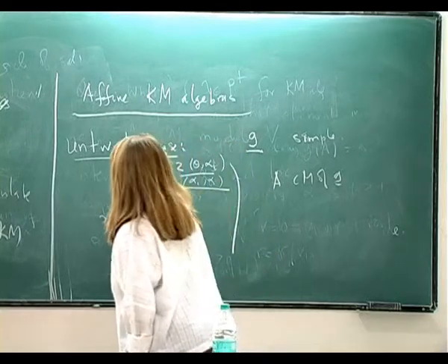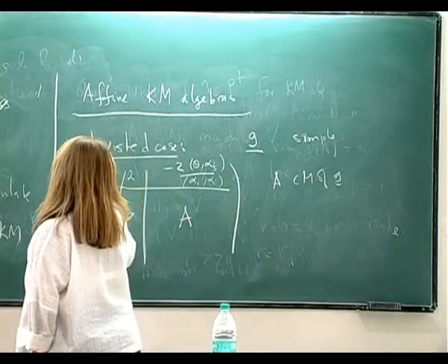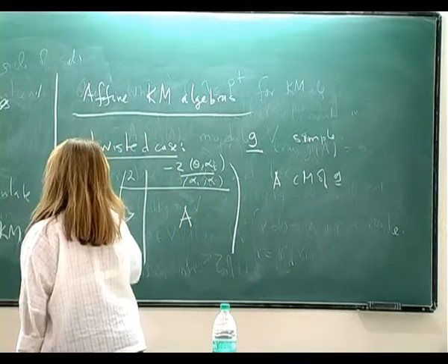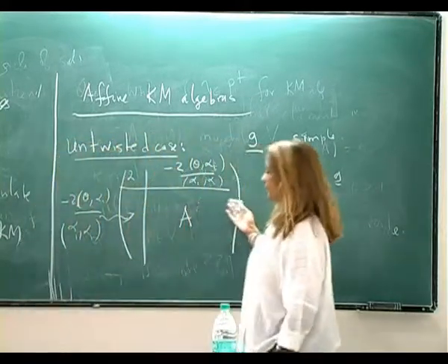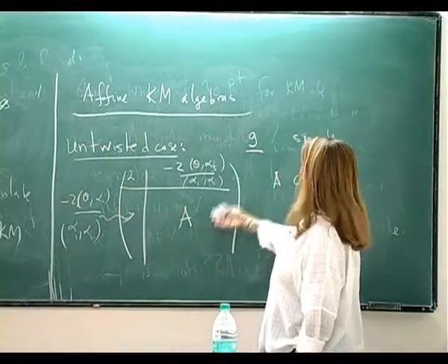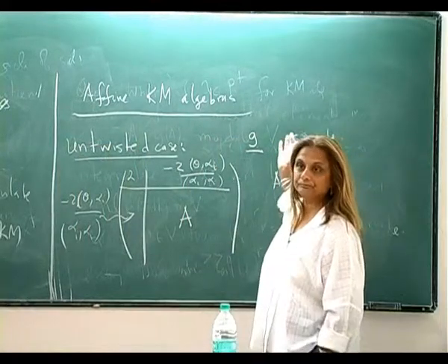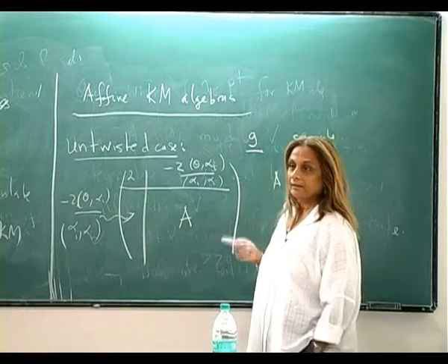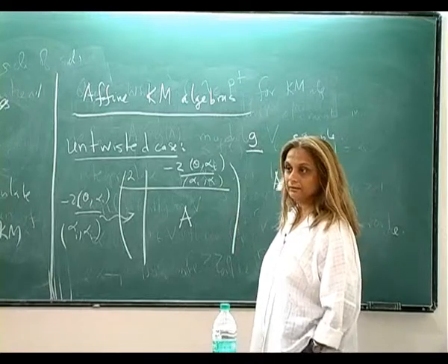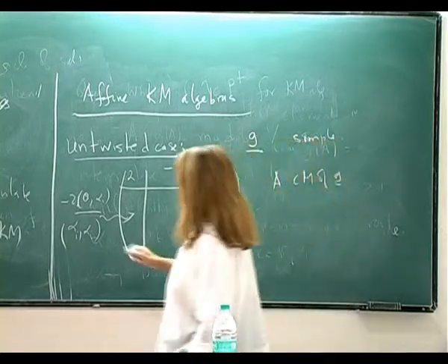And there was something similar here, which was minus 2 theta alpha_i. So if you look at this, this entire matrix is really defined by knowing G, right? Probably want theta. Theta, yeah.